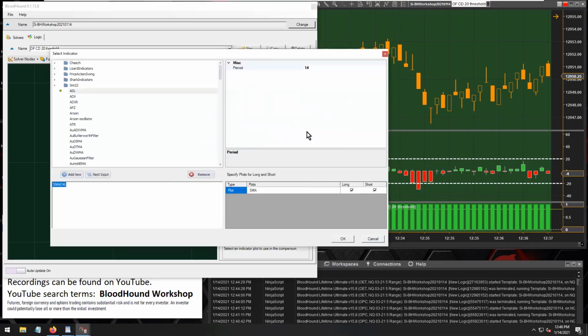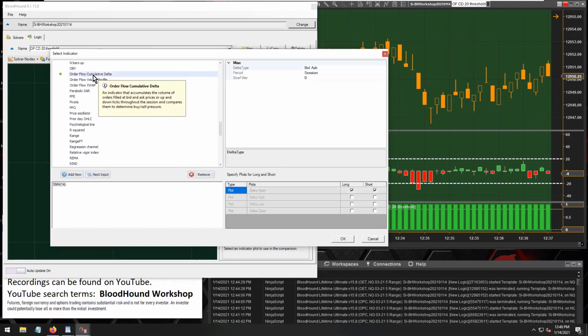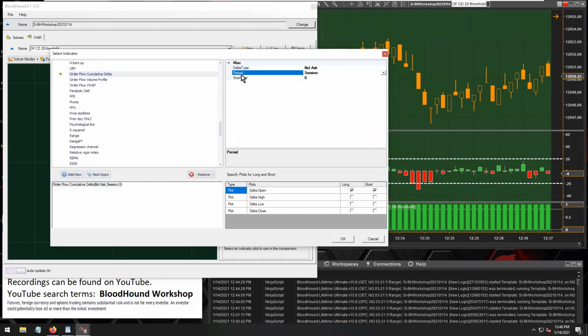So let's open this up and go find it. There you go. Order flow, cumulative delta. Select that. And remember, on the chart, our period is set to bar.